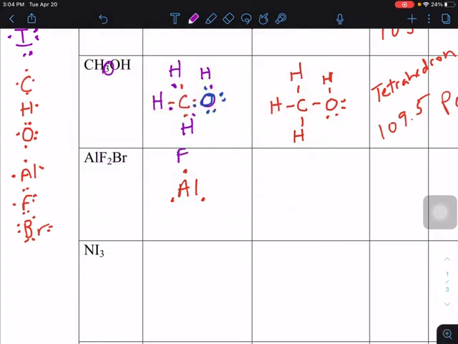We have fluorine with 7. 1, 2, 3, 4, 5, 6, 7. F2, so we have another fluorine. 1, 2, 3, 4, 5, 6, 7. And then we have a bromine attached to this as well. So covalent bond there. 2, 3, 4, 5, 6, and 7.